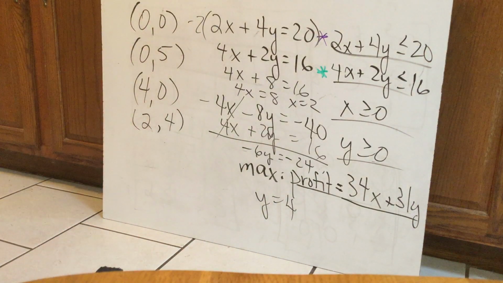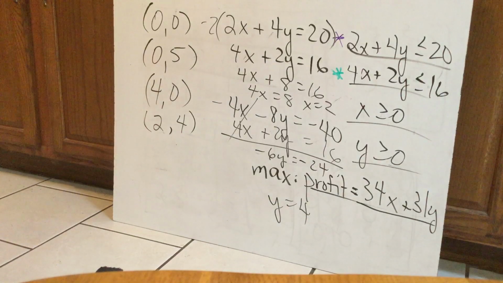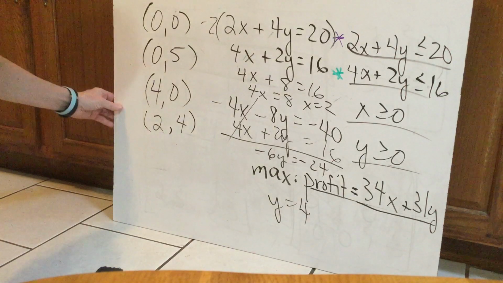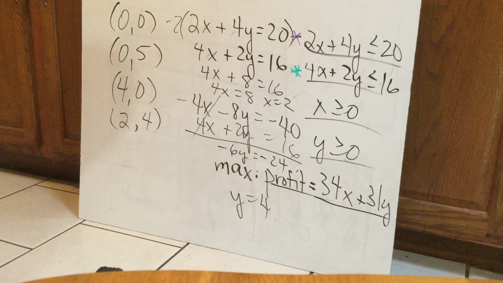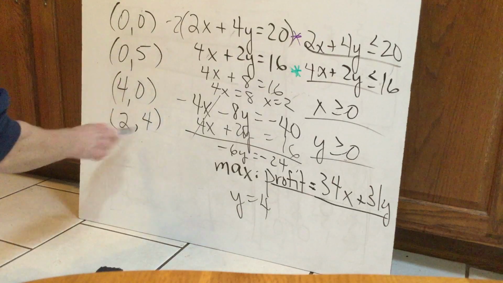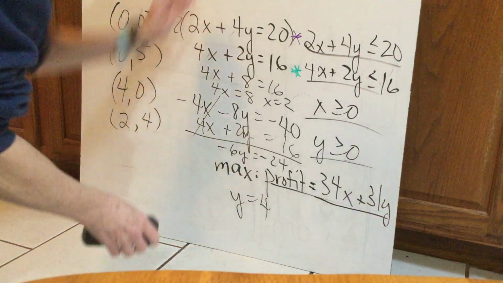What is the very last thing that we do in terms of solving the problem? It's the very last thing we have to do. Now we have to take each of these x and y values and plug them into our profit equation.